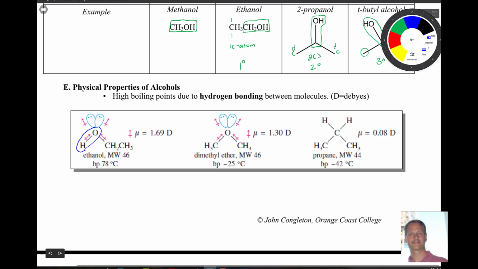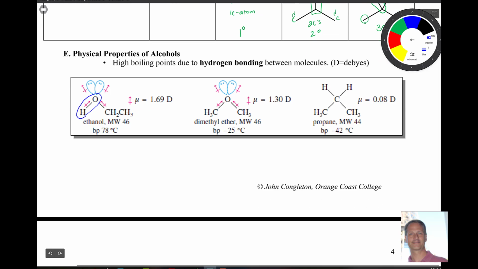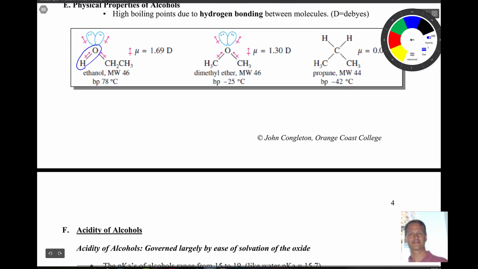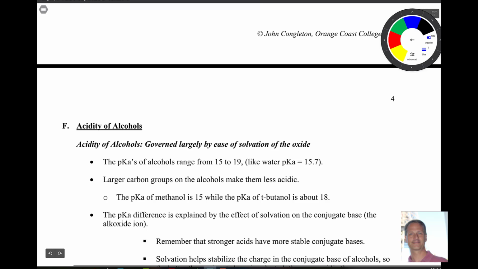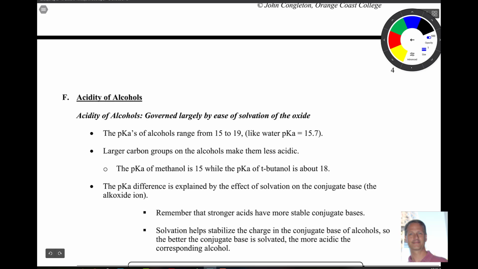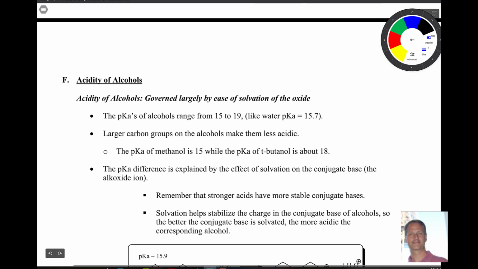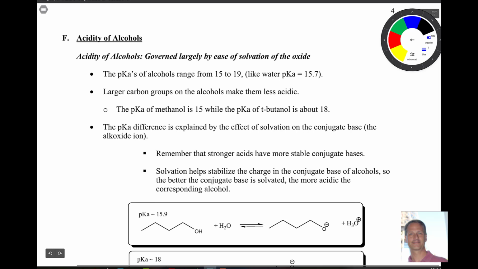Okay, so we know that from our lab and stuff that we learned earlier this semester. Now, the other thing I want to spend a little time talking to you about is the acidity of alcohols. The big important note right here is this, and let's put a caution right around there.